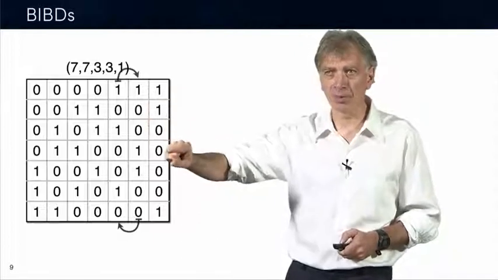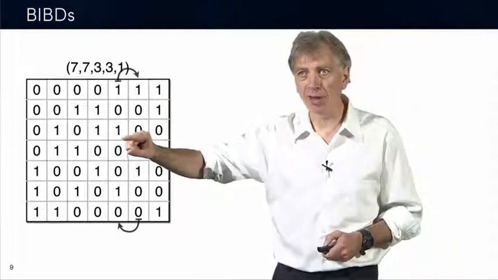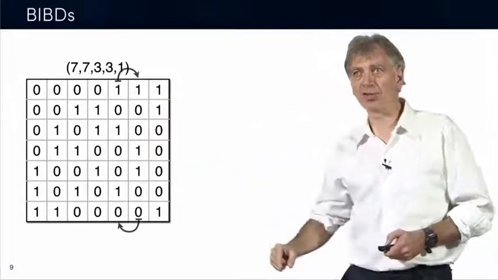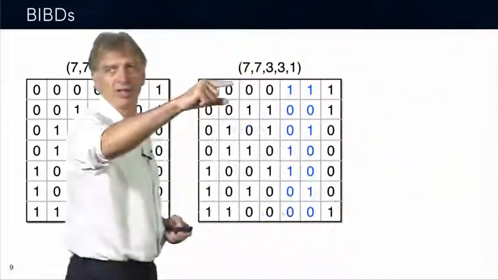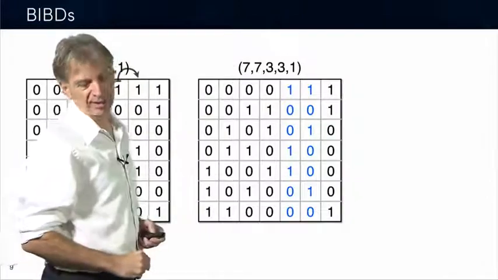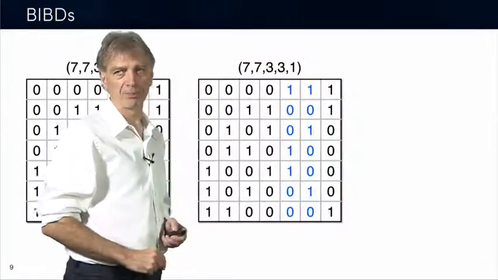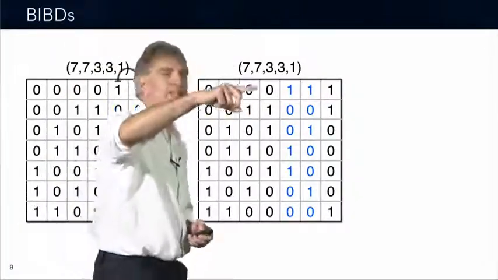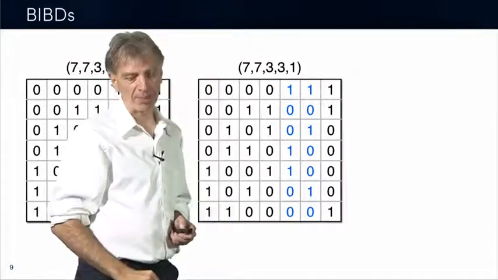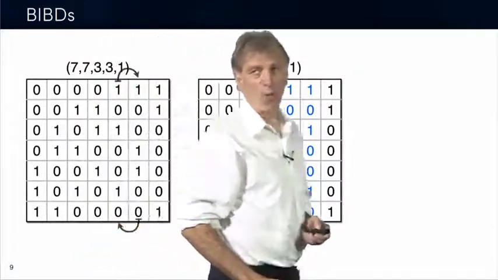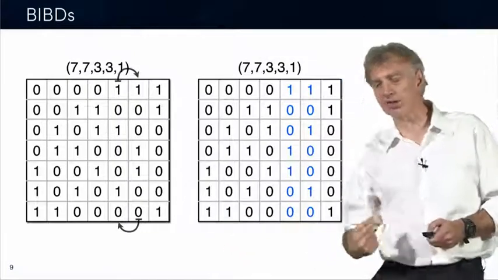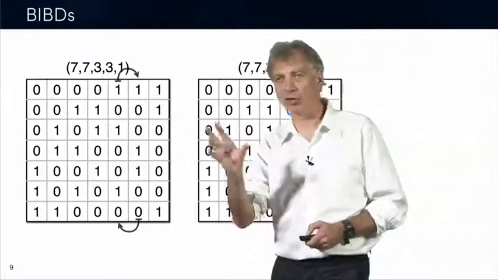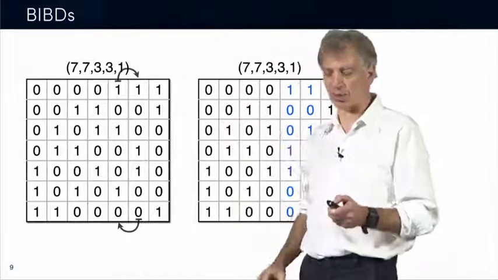Because you see a 1 over there and a 0 there. So therefore, you have to order them as well. And now you see these two columns, and the leftmost is lexicographically smaller than the right one. So in a sense, what I want is to impose this lexicographic order on the rows, and impose a lexicographic order on the columns, and search for the solution satisfying these lexicographic constraints.